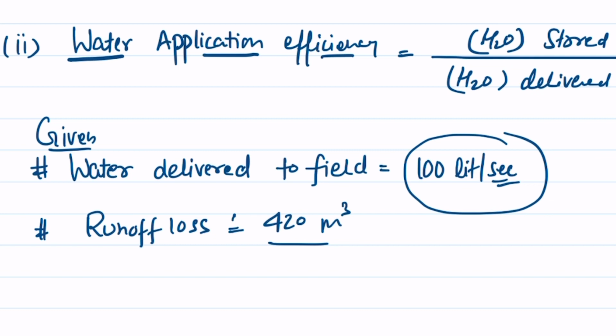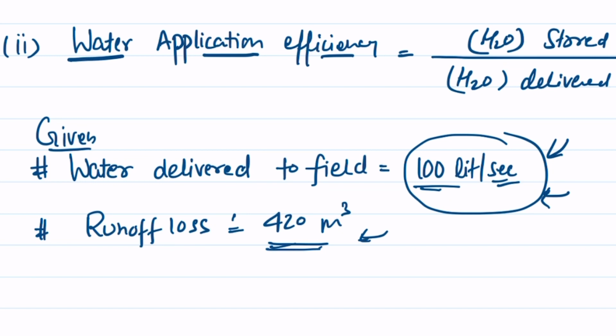So definitely we cannot subtract 420 from 100 liters per second. Correct. So we need to change either this 420 meter cube to liter per second or 100 liter per second to meter cube. And I believe doing this is much easier than converting it into liters per second.